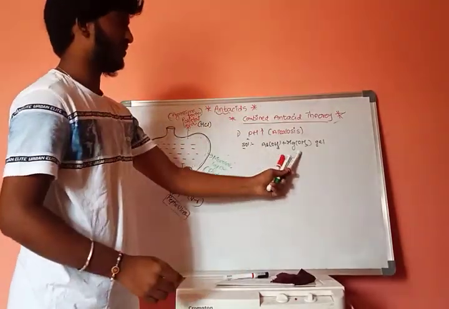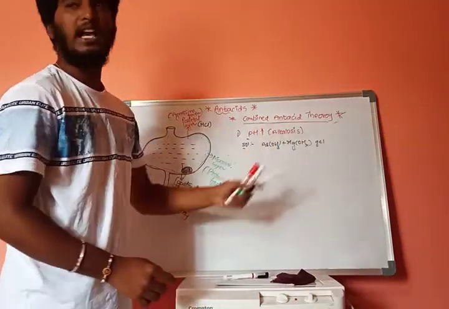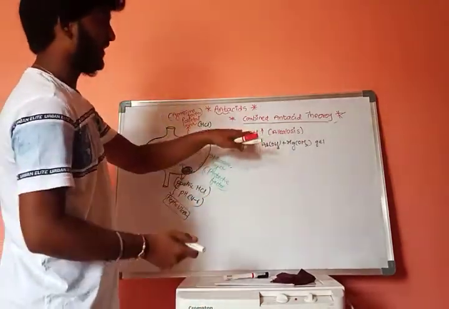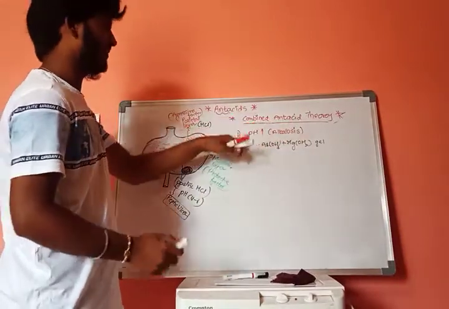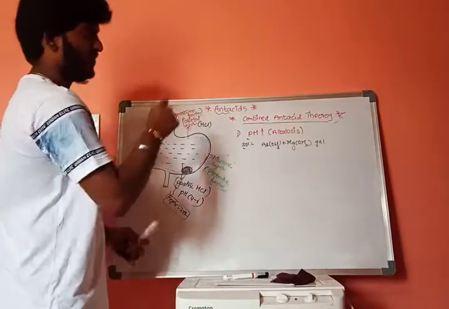Whenever these two different types of antacids are given to our body, it helps in decreasing the alkalosis by increasing the acidic level and decreasing the pH value. This is the first problem.